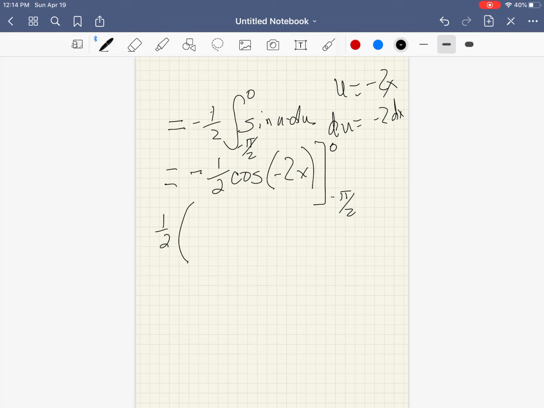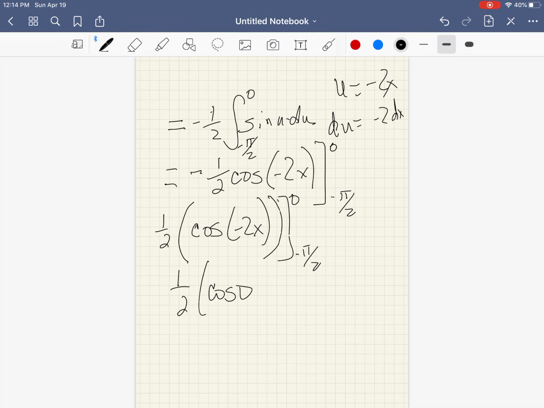And then it will be cosine of, which will give us 1/2 cosine of 0. And then minus cosine of 2 times that would be positive pi.